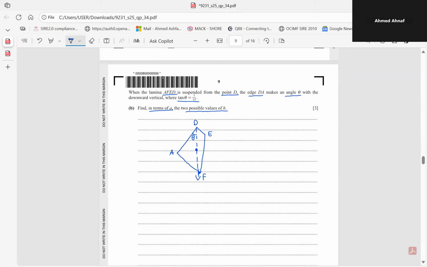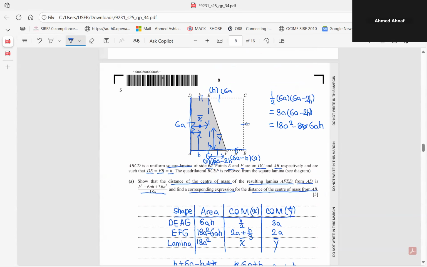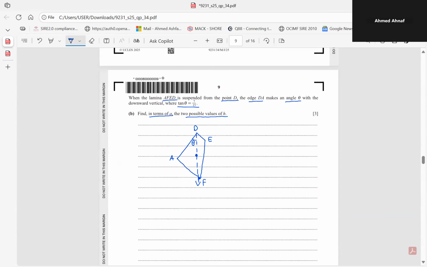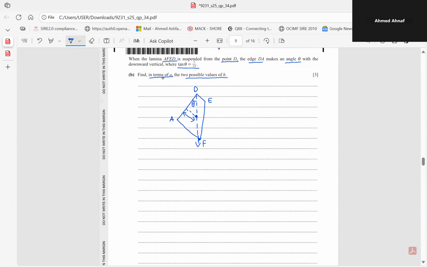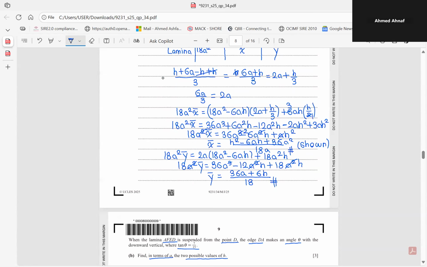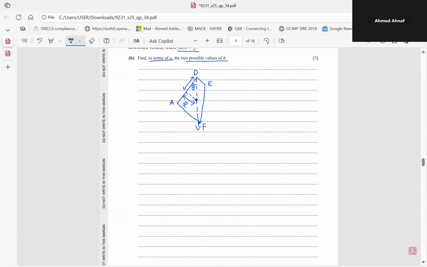So we know the length of DA, which is 6a. And we also know the distance from the center of mass of this lamina to DA, which was our x bar. So I'm just going to write x bar, and then you take DA, which is 6a, minus y bar.